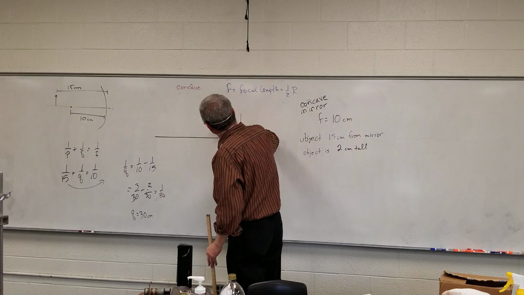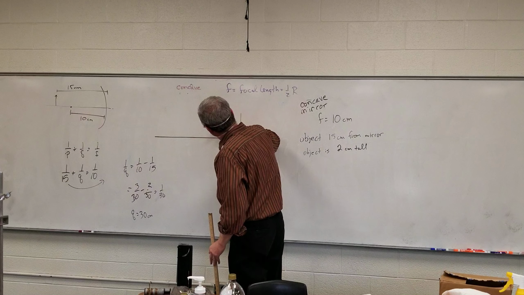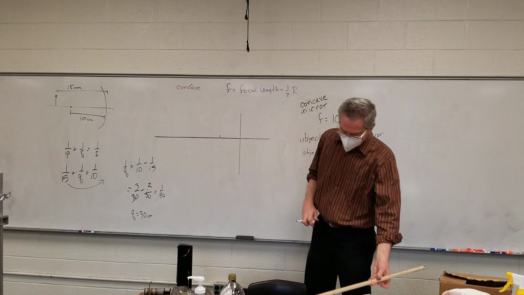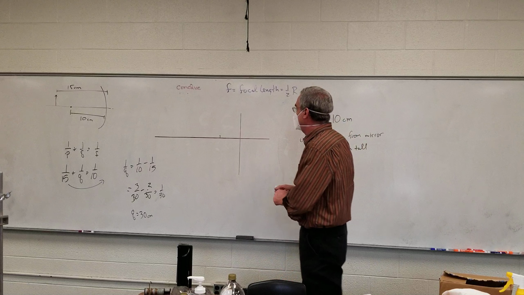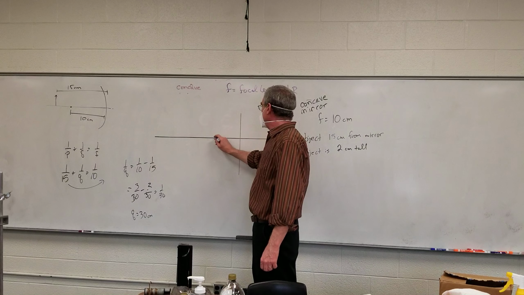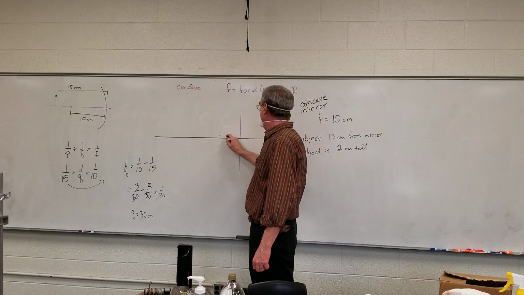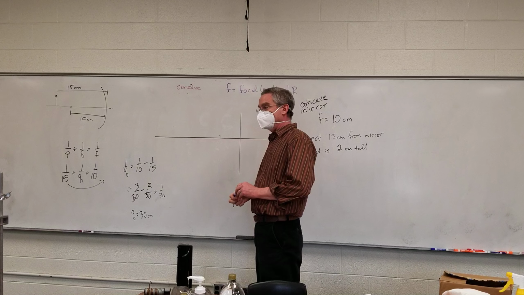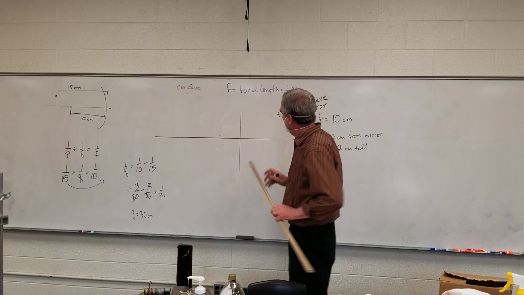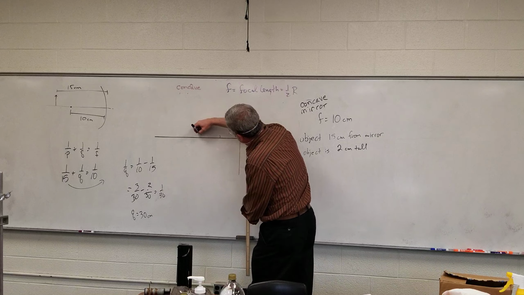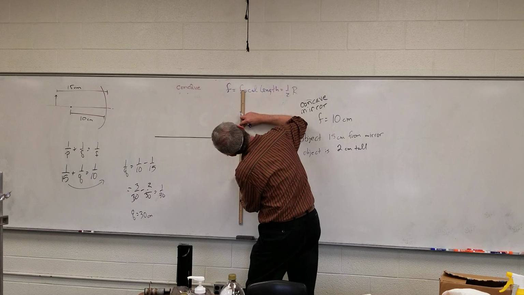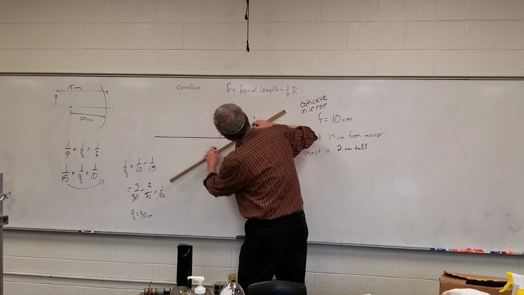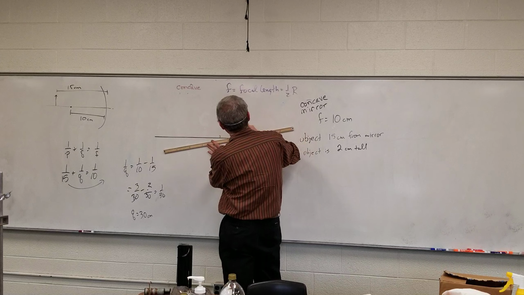All right, so there's my object. I know that light that comes in straight is gonna hit the mirror and then bounce through the focal point. So light that's coming in straight across here hits the top of that image. It's gonna go through my focal point right there.